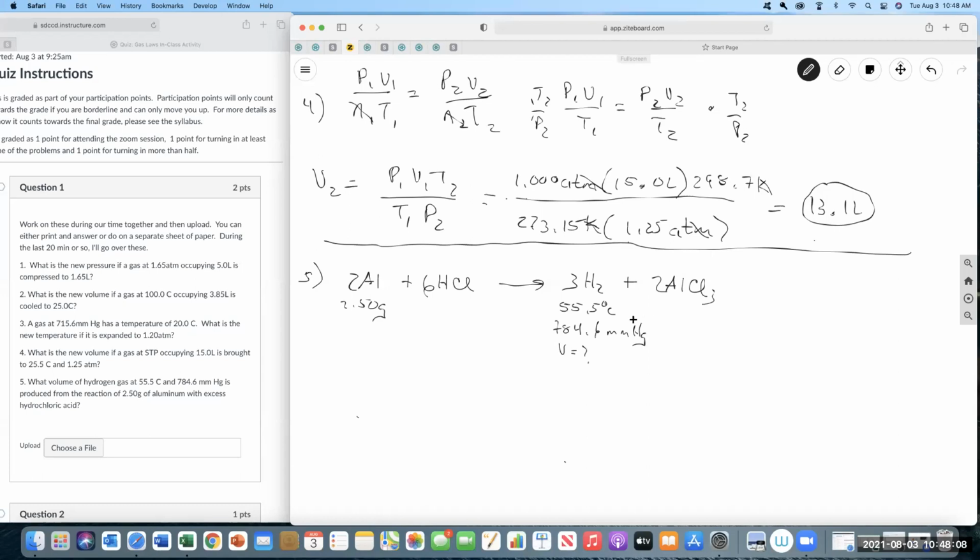Before we do anything, let's convert these, because we're going to need them in different units. The temperature is 328.7 K. And then remember, we divide the pressure by 760, so 784.6 divided by 760 is 1.032 atmospheres.